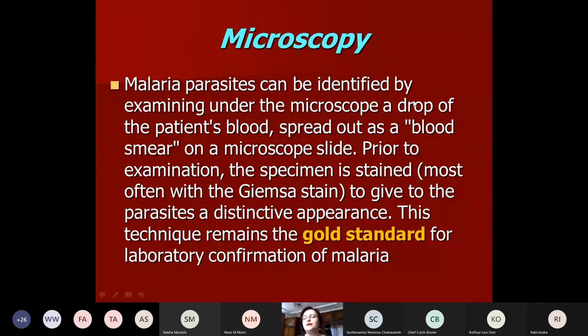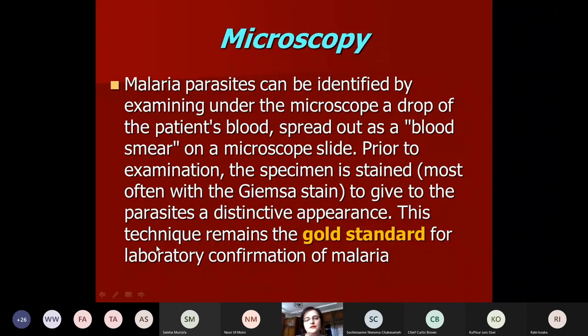Malaria parasites can be identified by examining under the microscope a drop of the patient's blood spread out as a blood smear on a microscope slide. Prior to examination, the specimen is stained, most often with Giemsa stain, to give the parasites a distinctive appearance.